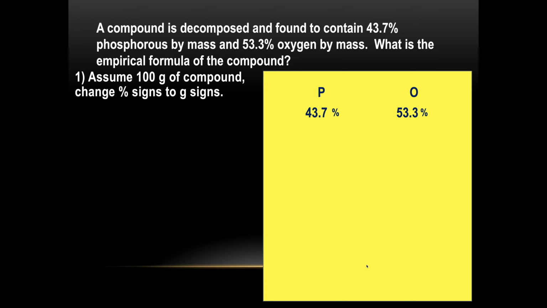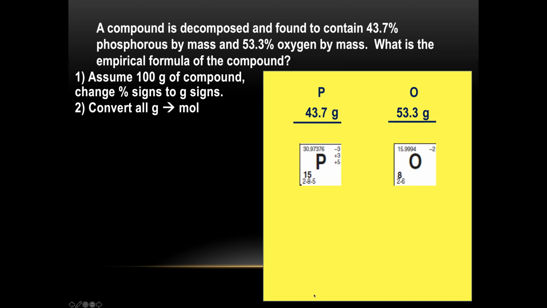So if we're assuming a sample size of 100 grams, we can simply change our percent signs to gram signs and then proceed as normal. Convert to moles, so we'll divide them by their atomic masses: 31.0 for phosphorus, 16.0 for oxygen. That will give us a mole ratio.